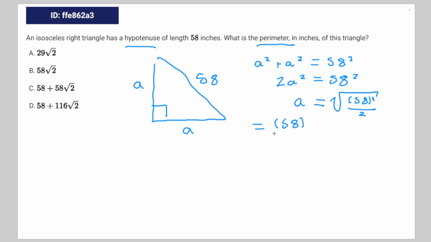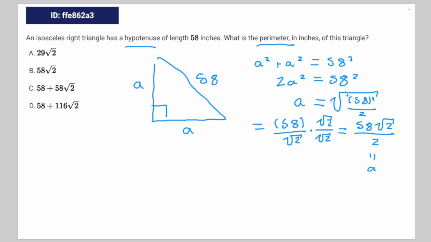And you can rewrite that again like 58 divided by the square root of 2, but you can't just leave it like that. That's an improper fraction. So you're going to multiply both sides by the square root of 2. That's going to yield you 58 times the square root of 2 divided by 2, which is equal to a.